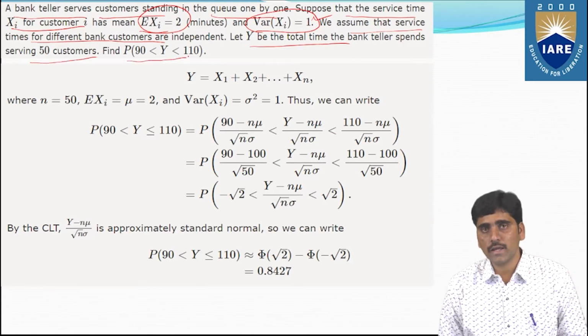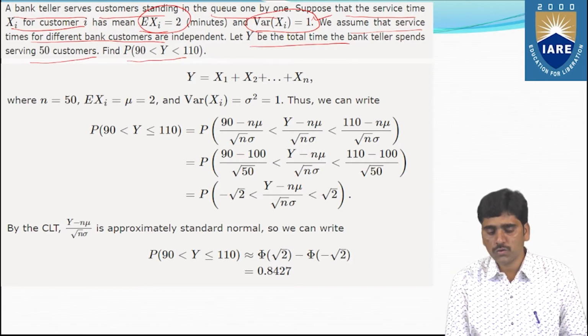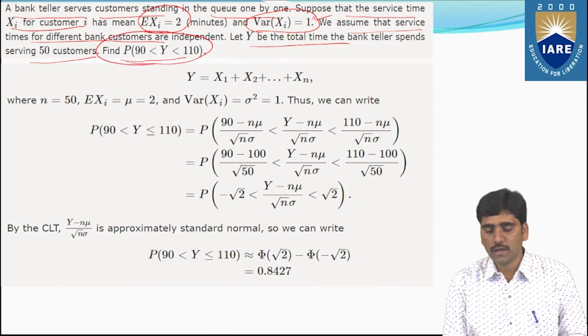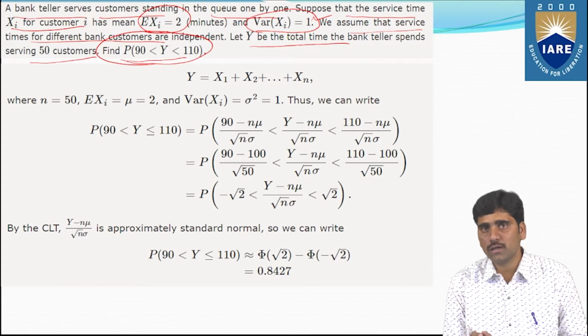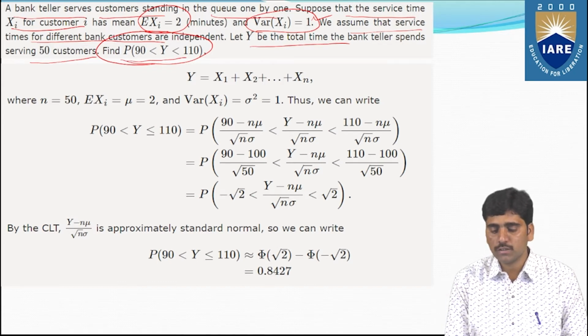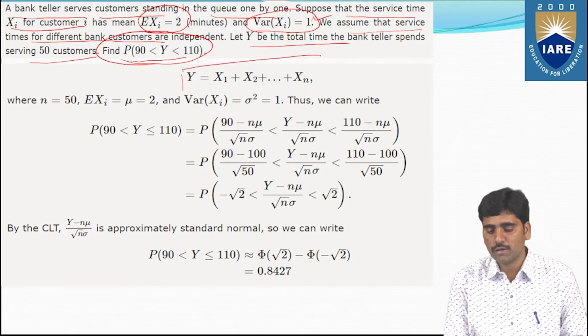Find P of 90 less than Y less than 110. So we need to find the probability range, the normal distribution range. How are we going to find this? First we need to identify the formula.